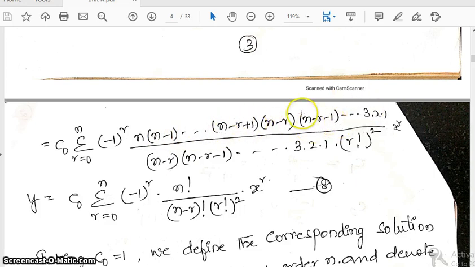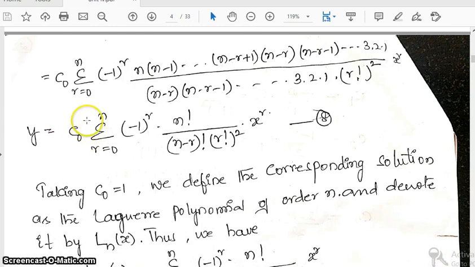Now multiplying with this and dividing by this, into (R factorial) whole square into x to the power of R. So that equals C_0 into summation (-1)^R into the numerator, which is nothing but n factorial, by 1 into 2 into 3 so on (n-R), which can be written as (n-R) factorial, into (R factorial) whole square into x to the power of R. Now taking C_0 equal to 1, you will get y equal to summation (-1)^R into n factorial by (n-R) factorial into (R factorial) whole square into x to the power of R.